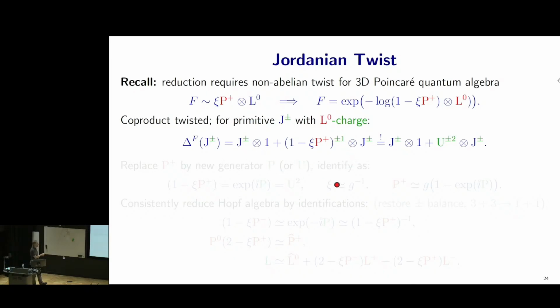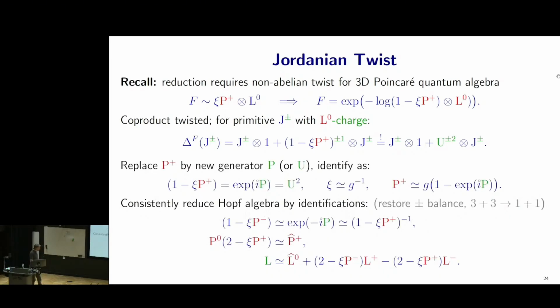And that is something that was actually observed in the AdS/CFT magnon scattering context, where, however, this combination was not labeled as 1 minus psi p plus, but rather as some generator, which I called u, or e to the ip.